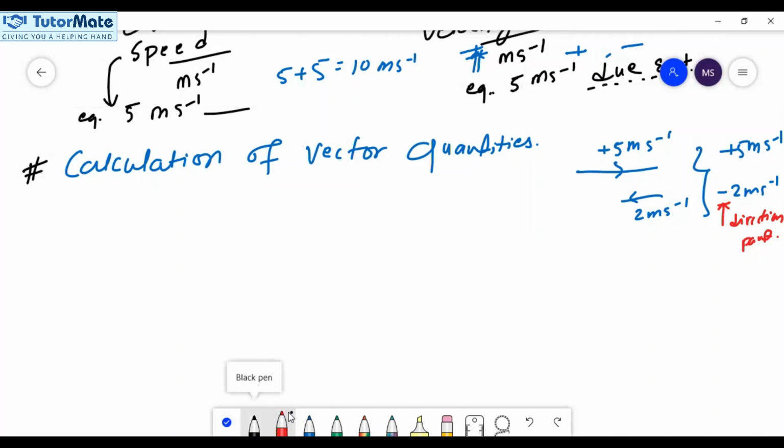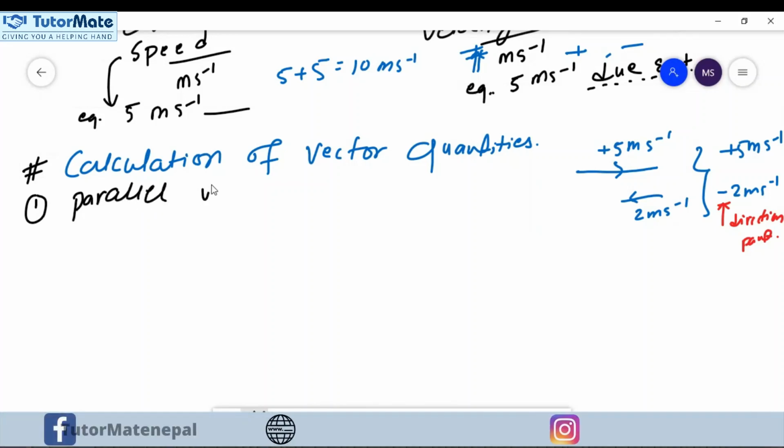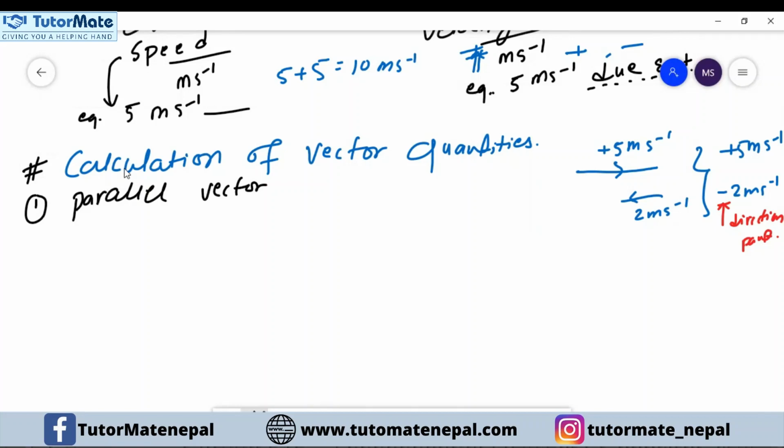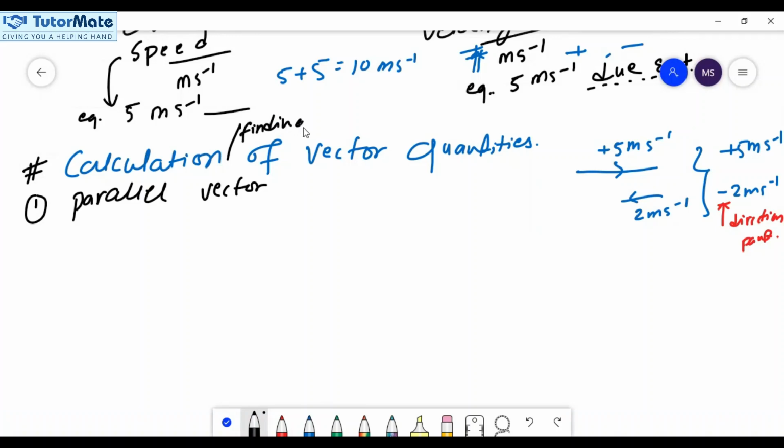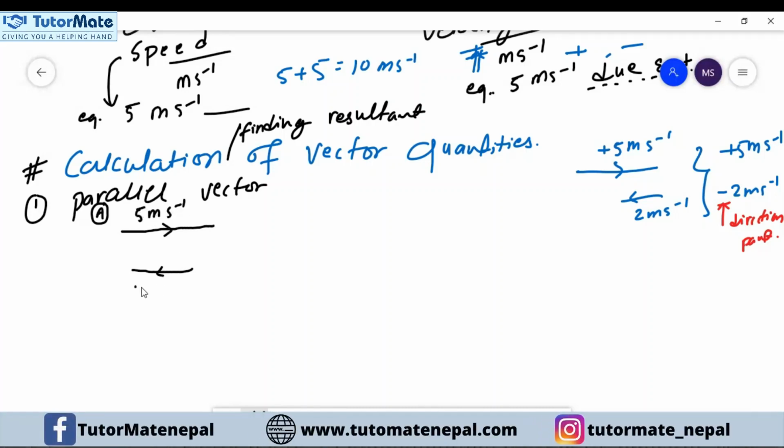Now, moving further, for parallel vectors, or you can say you're finding the resultant. For parallel vectors, there are two cases here. One is this: this is 5 meter per second and this is 2 meter per second, in opposite directions.